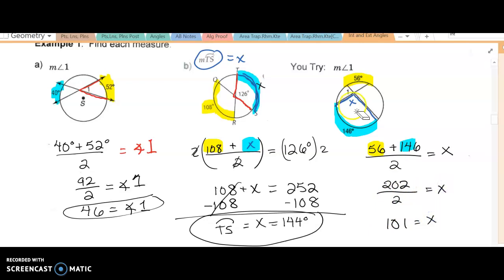All right, so we just found that this angle is 101 degrees, but what we want to know is angle 1 here. So what we can do is a linear pair, and then 180 minus the 101 gives us 79 degrees for angle 1.